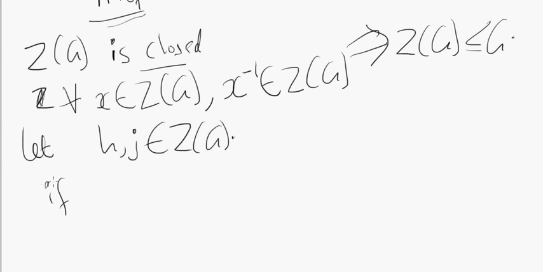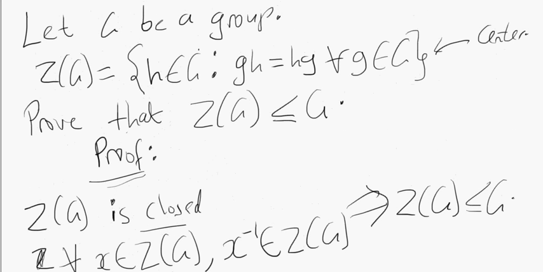If these are really elements of Z of G, then it means that for all little g in G, for every element of G, it's certainly true that hg equals gh. That's the definition of being an element of Z of G. You must commute with every element of the group G.